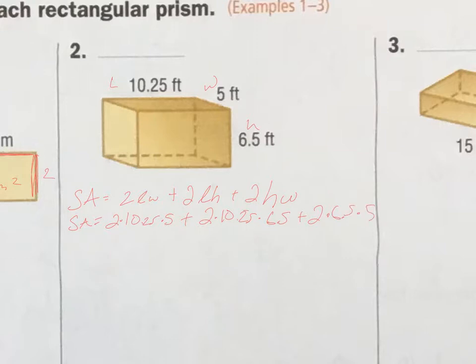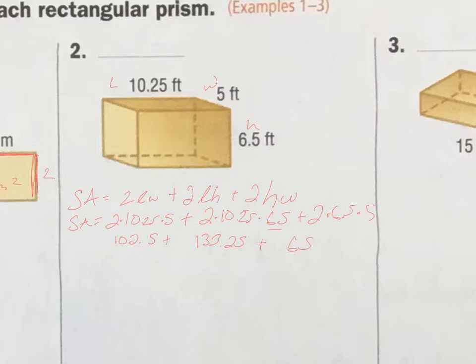Lots of numbers. So now we have to do all the multiplication first. 2 times 10.25 times 5. So this right here is 102.5 plus 2 times 10.25 times 6.5. This is 133.25 plus 2 times 6.5 times 5 equals 65.